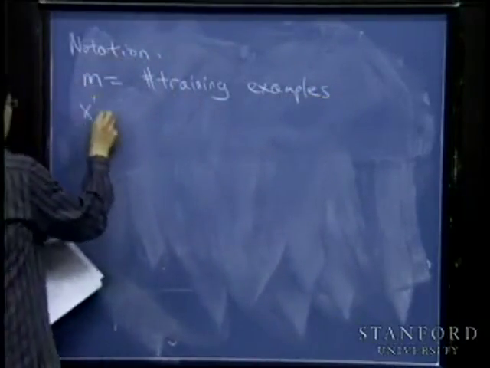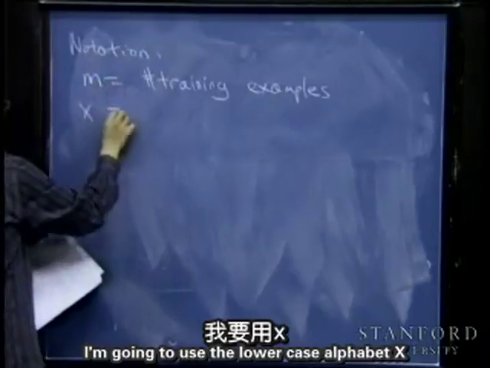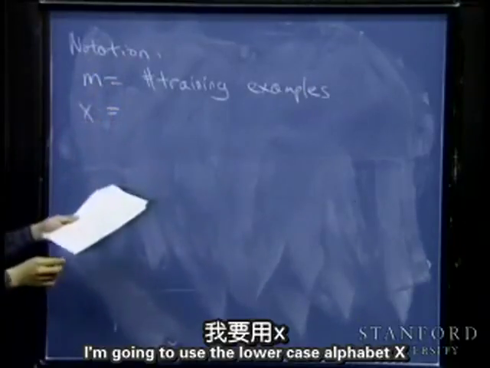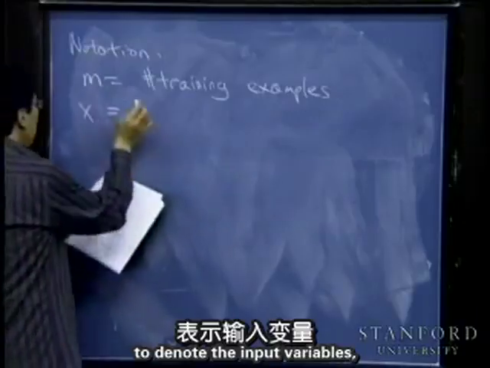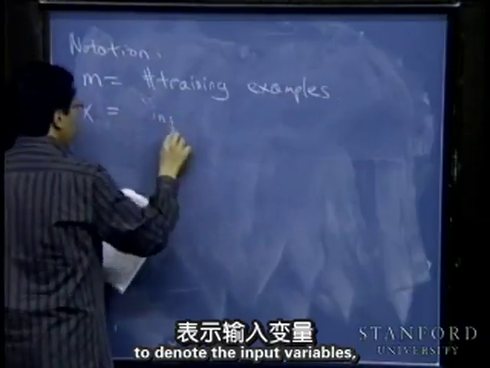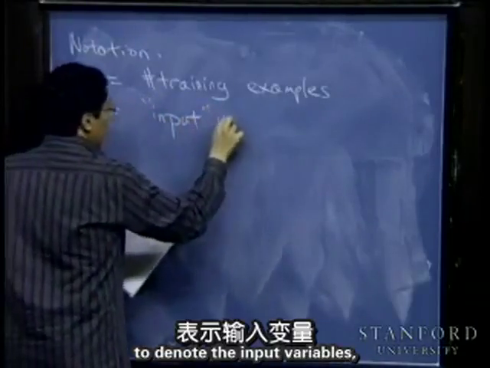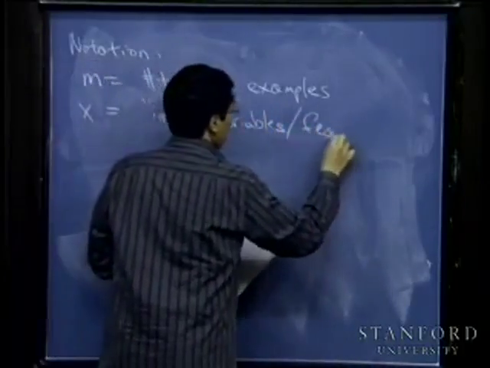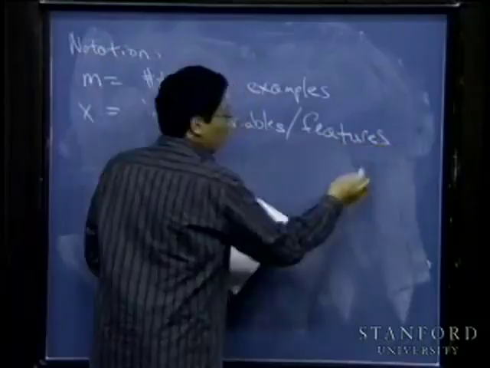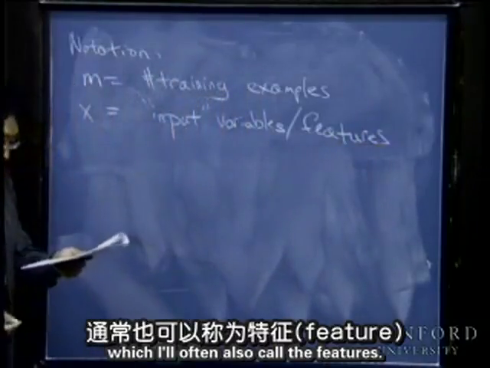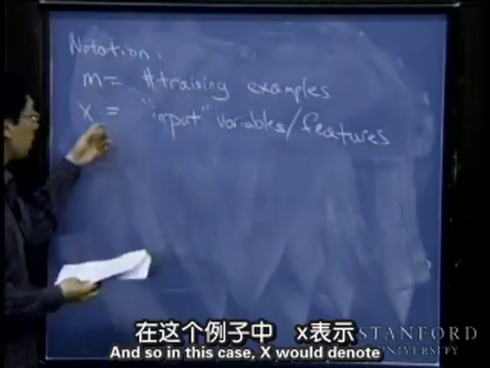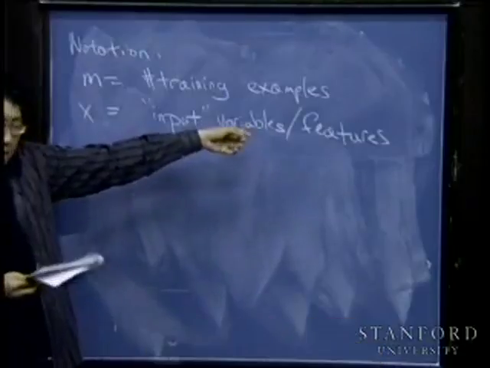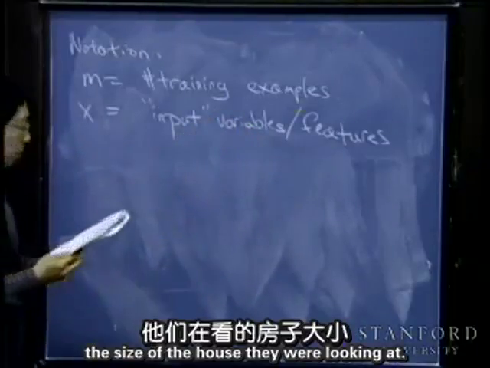I'm going to use the lowercase x to denote the input variables, which I'll often also call the features. In this case, x would denote the size of a house that we're looking at.